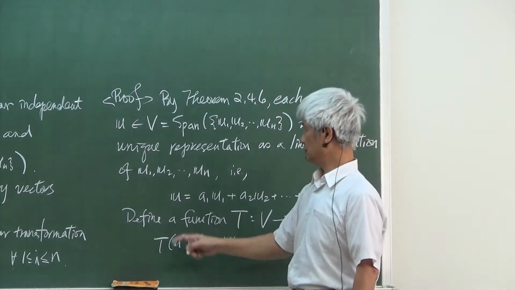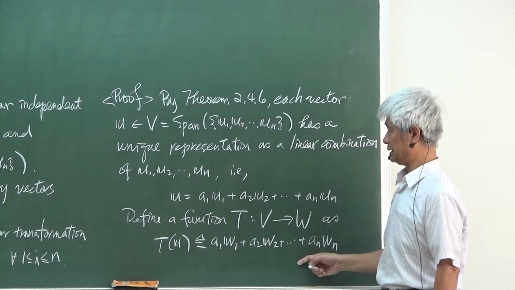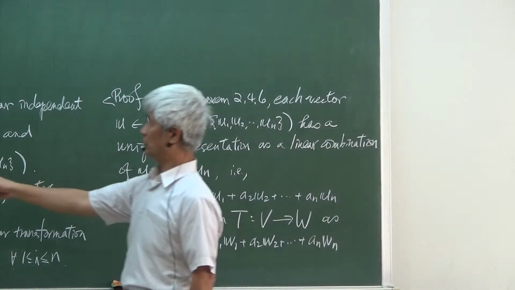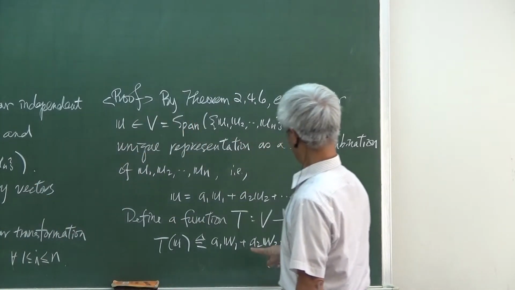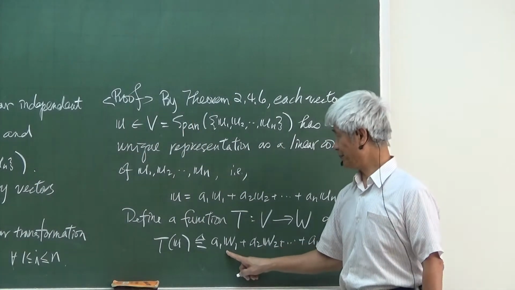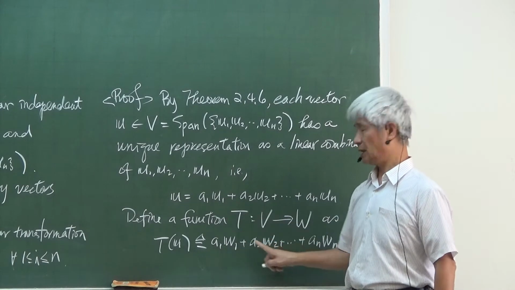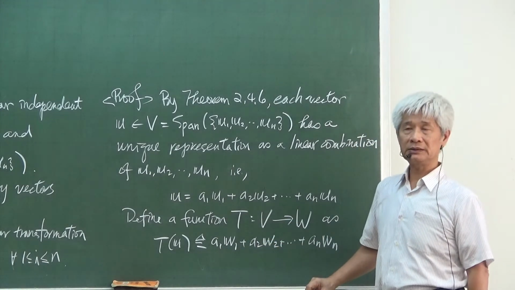So the image of u becomes a linear combination of w1, w2 up to wn in W. But we copy the coefficients here. Just copy them.